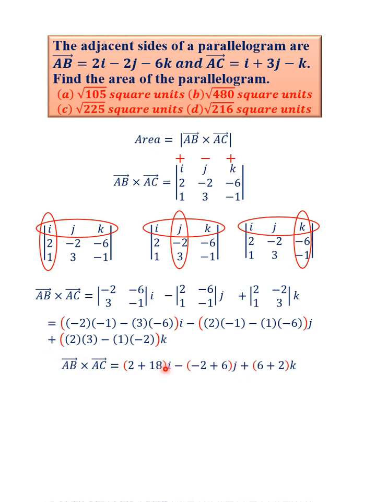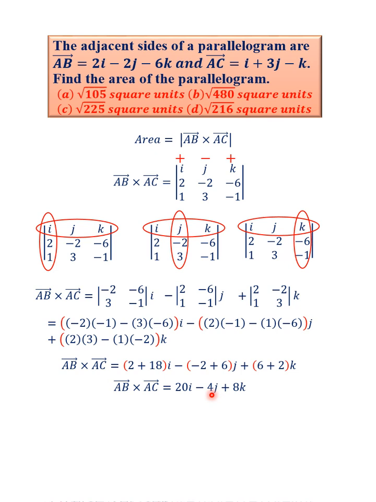Finally, plus 2 times 3 is 6, minus 1 times minus 2 gives us plus 2, and then your k. Simplifying, AB cross AC equals 2 plus 18 is 20i, minus 2 plus 6 is 4, and with this negative it becomes minus 4j, and 6 plus 2 is 8, so plus 8k. This is the cross product of vectors AB and AC.